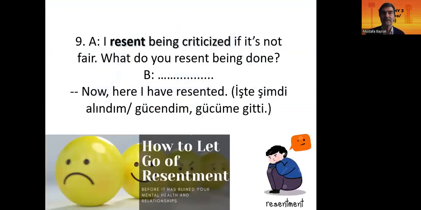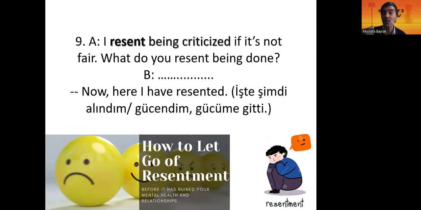Now, resent. Resent means feeling sorry because of being. Do you see? We really need those passive structures. Yes, for doing something. You know from all prepositions we use verb ing.